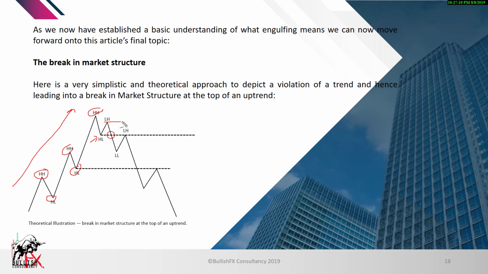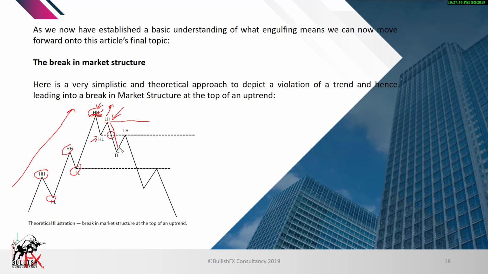Now look at this high here that was formed here. It didn't close above this one so that it's validated as a higher high, but it didn't do that. So now the moment price closes below this low, then this becomes a lower high, right?